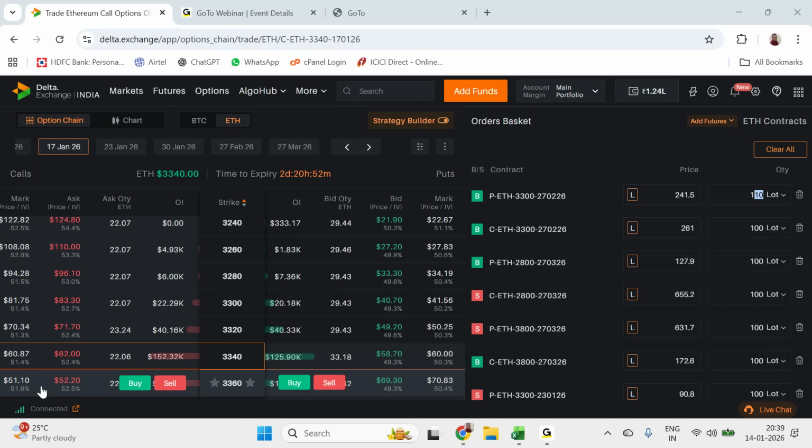Liquor mixes, songs mix, water mixes, oil, everything is mixing. Food also has multiple things. Only chapati cannot be eaten, chapati, sabji, all these things are there. But when it comes to strategy, it is difficult. I want only straddle, strangle, iron condor, box spread, all these things only I want. Right?